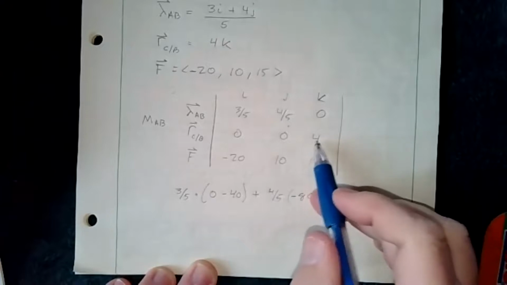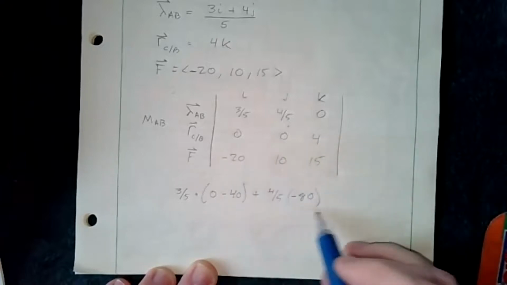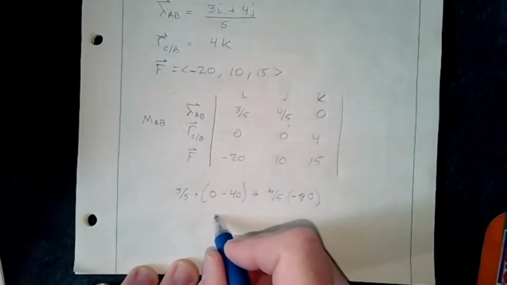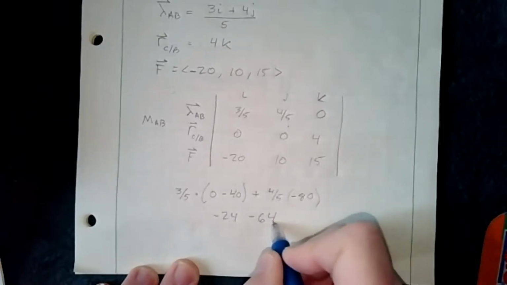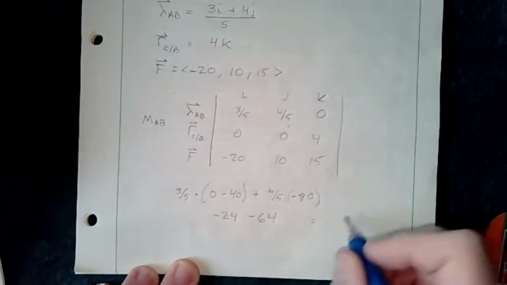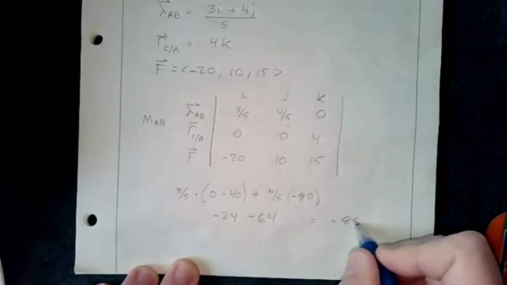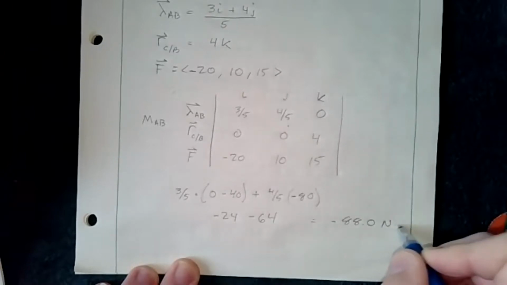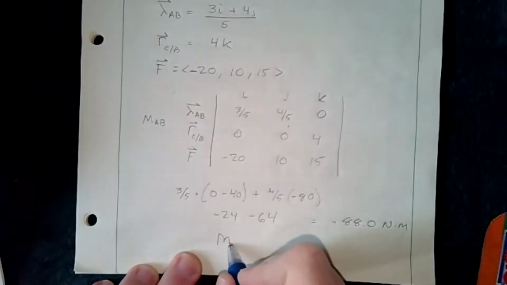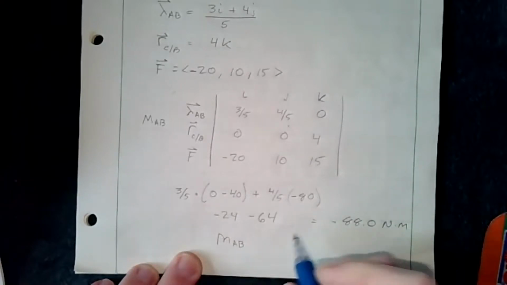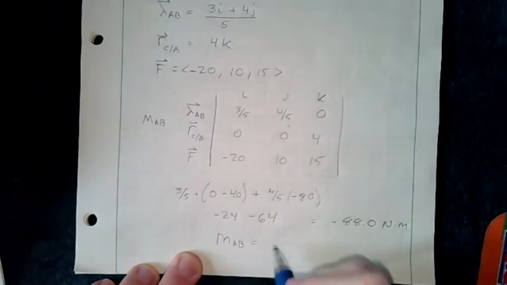All right, so 4 times -20 minus 0, so that. So I end up with -24 minus 64, which gives me -88.0 Newton meters.